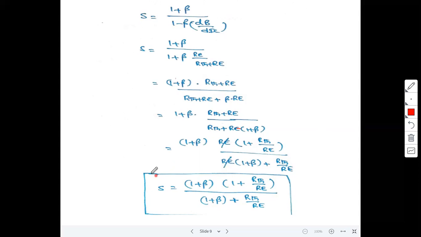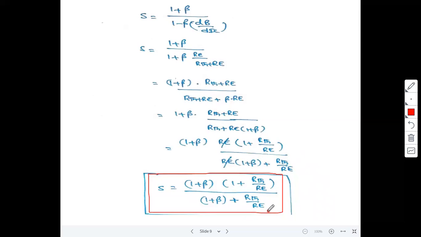Now the final expression for the stability factor: S is equal to 1 plus beta into 1 plus R Thevenin by RE by 1 plus beta plus R Thevenin by RE.